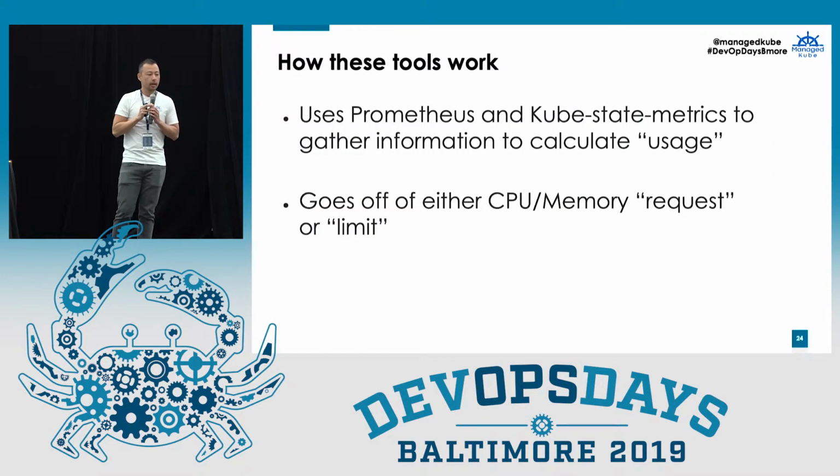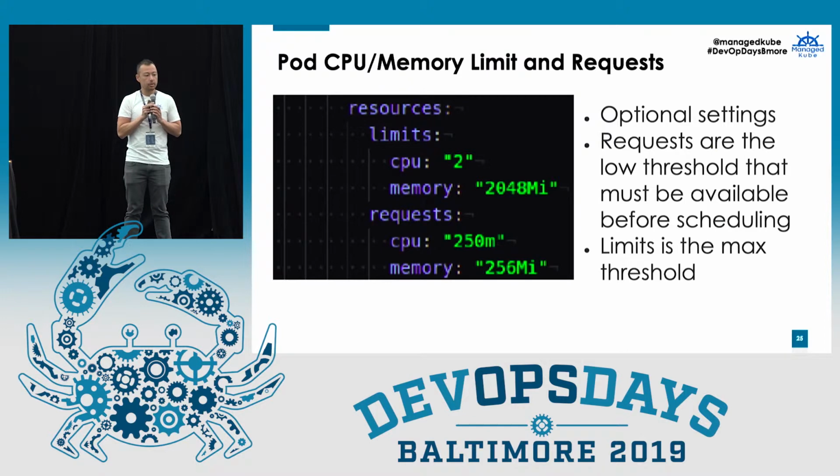So these tools mainly work by gathering information from Kubernetes. For example, with Prometheus, or if it goes directly to the Kubernetes API, it gets the CPU and memory requests and limits, and from there, it starts calculating the costs. So what are these CPU requests and limits?